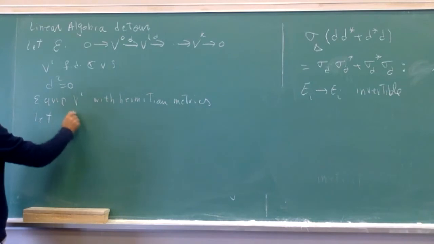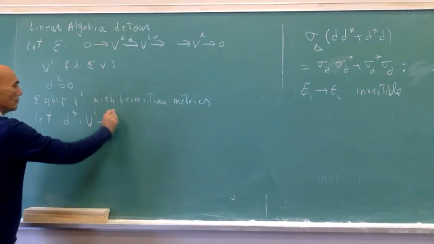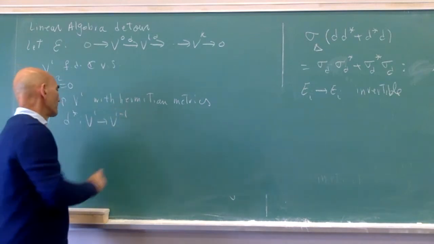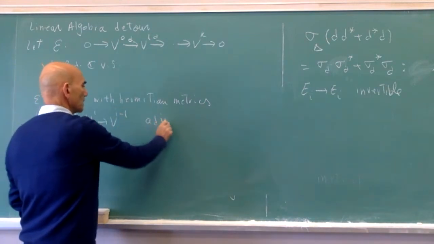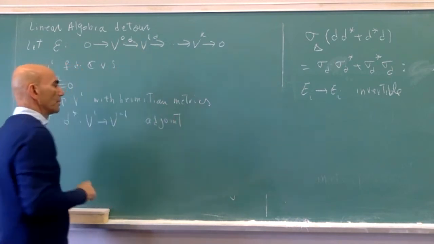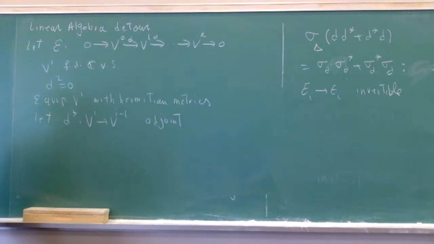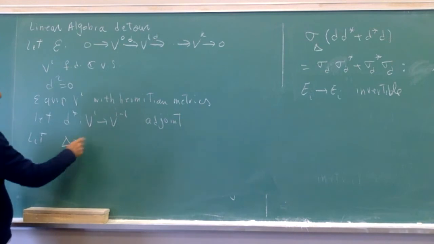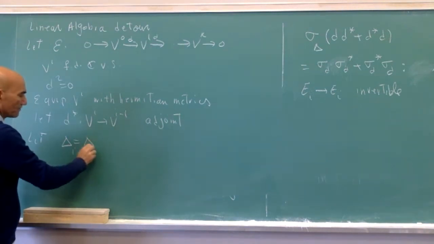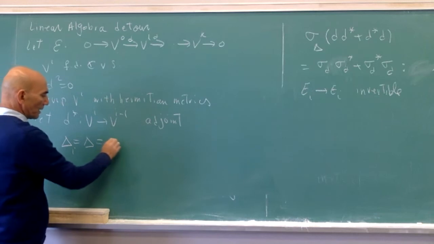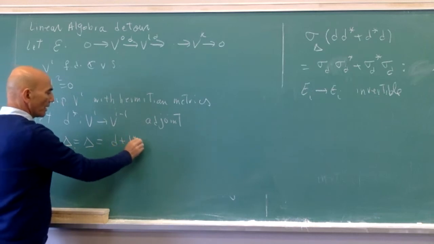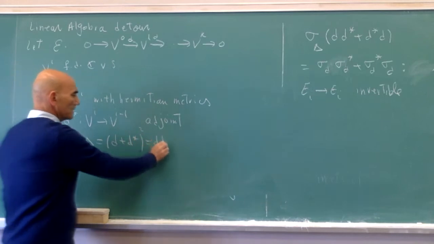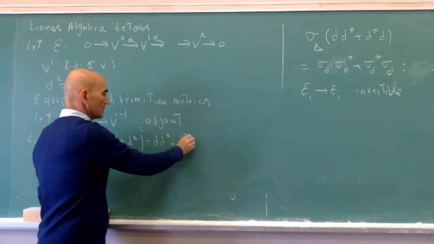Let d star from V_i to V_{i-1} be the adjoint, in the sense of linear algebra. Everything is finite dimensional. Again, I just denote by delta, so delta_i maybe, but it's really delta, the operator (d plus d star) squared, which is d d star plus d star d.